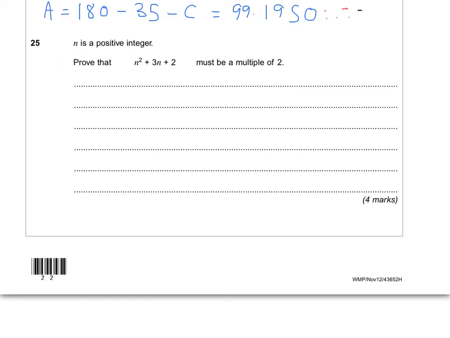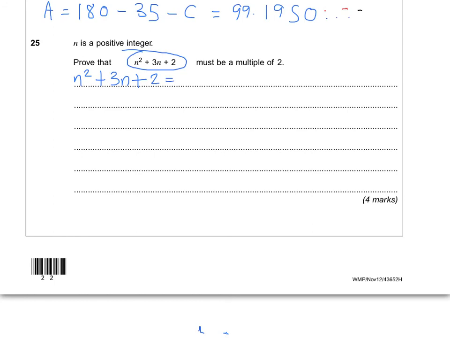Now, there are a couple of different ways of doing this question. One way of doing this is to notice that n squared plus 3n plus 2 factorises. And quite often, if we factorise expressions, they can be more useful to us.